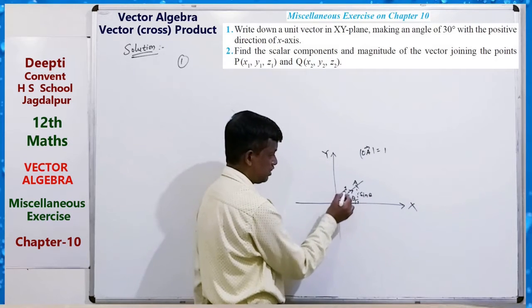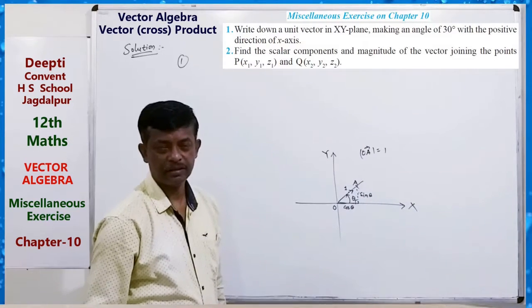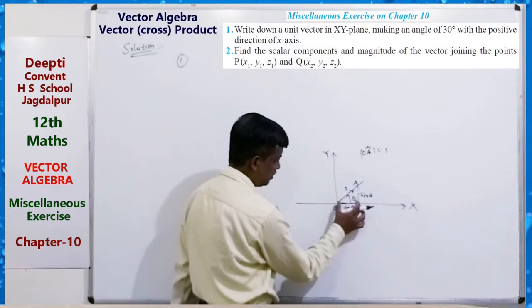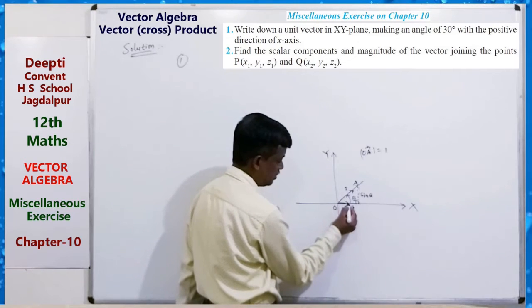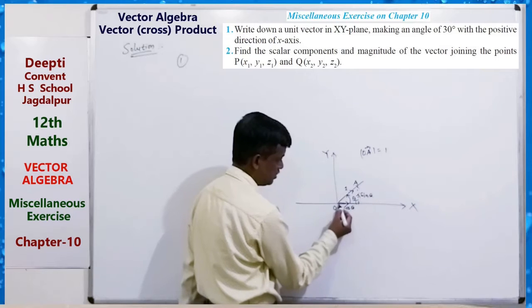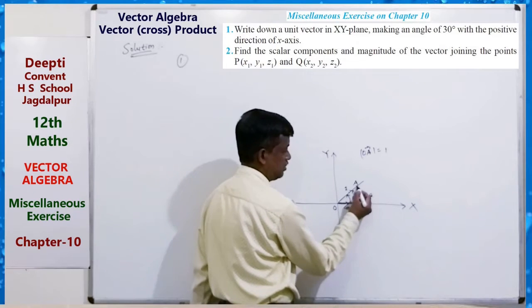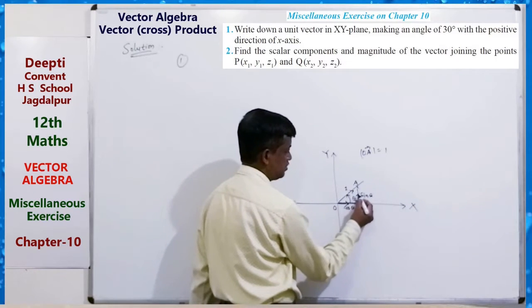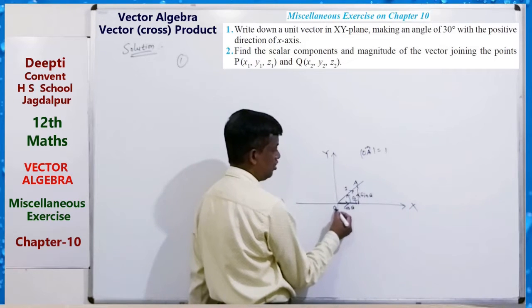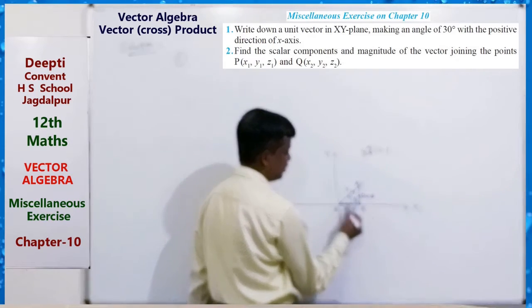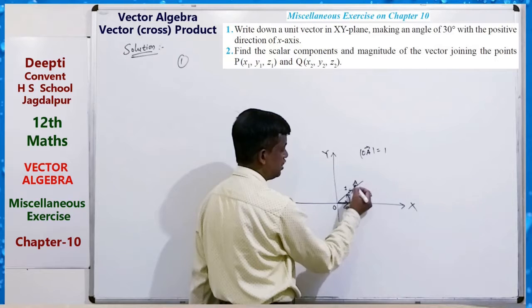So this vector can be written as this plus this. By the vector addition law, OB plus BA equals OA.